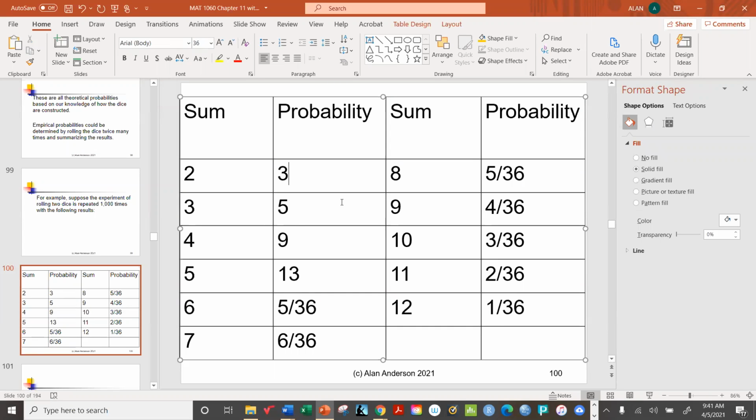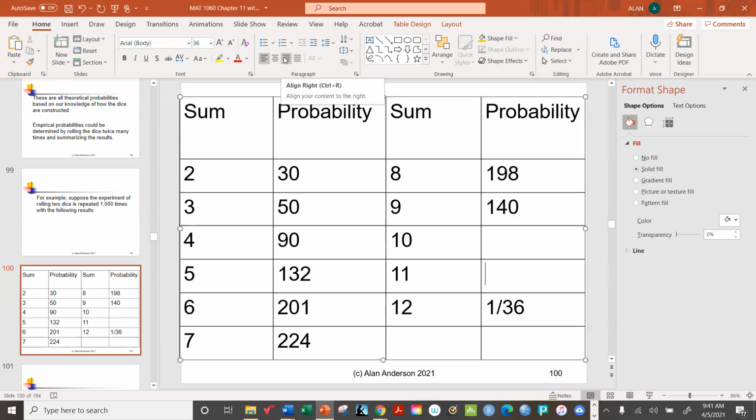Let me try 30, sorry. 30, 50, 90, 132, and 201, and 224, and 198. Wow, it's tough to do this on the fly. 140. Okay, I better stop for a second and make sure I've got enough left. 30.